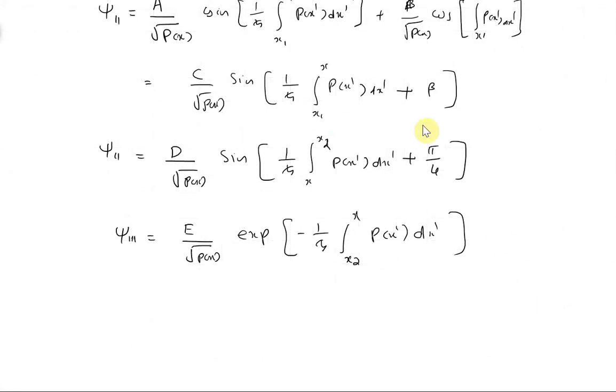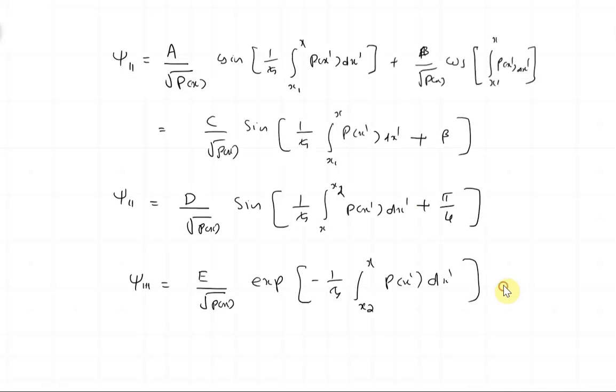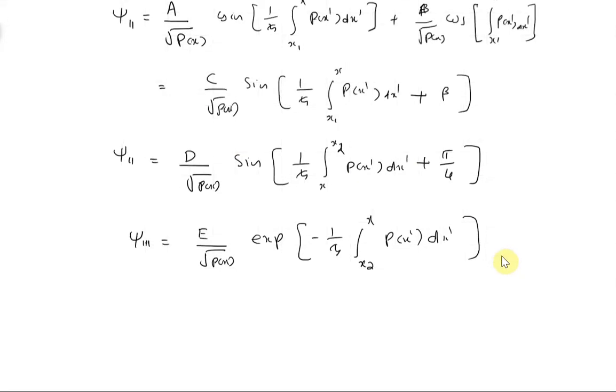Okay, so how do I find out this quantity here? You can put the boundary condition. Now, instead of the connection formula, we have a boundary condition, that is much easier. Psi 2 of x1 is equal to 0. That is a condition that we have. So the constant, no need to worry.